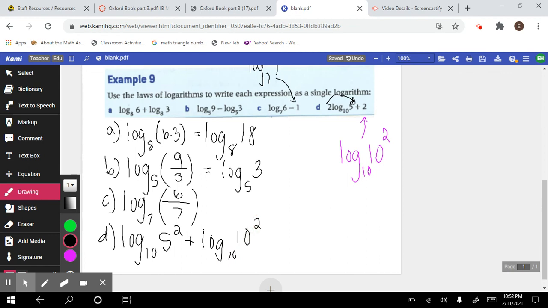Okay. So now all we have to do is go ahead and combine. We have 25 times, because it's a plus sign, 100. Okay. And my final answer will be log base 10 of 2500.